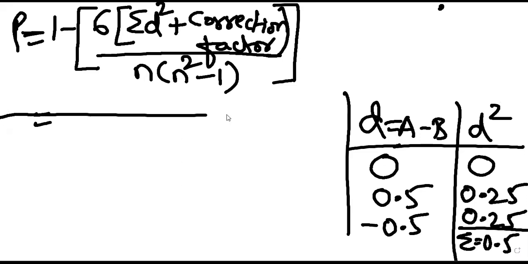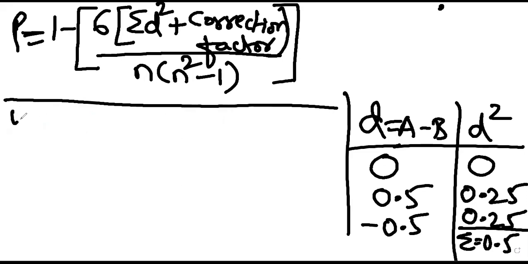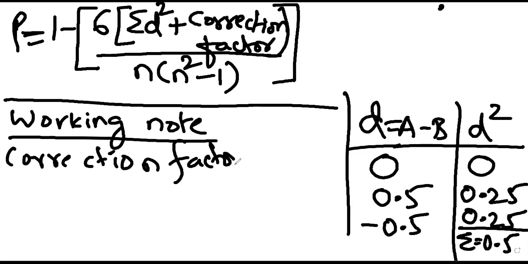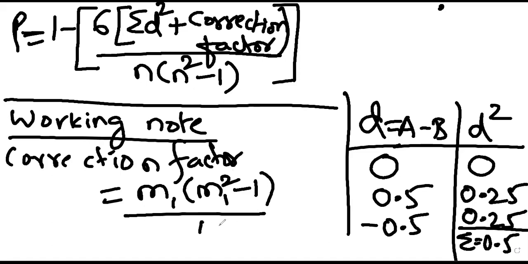Okay. So first thing is the correction factor: m1 (m1 square minus 1) by 12. So one of the questions may be why this is 12.